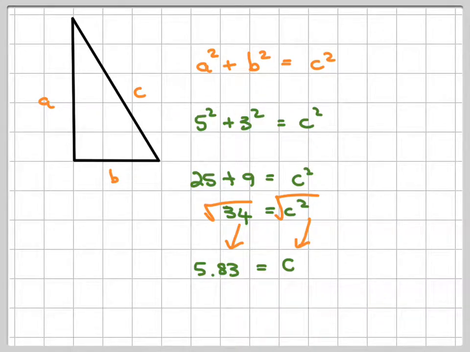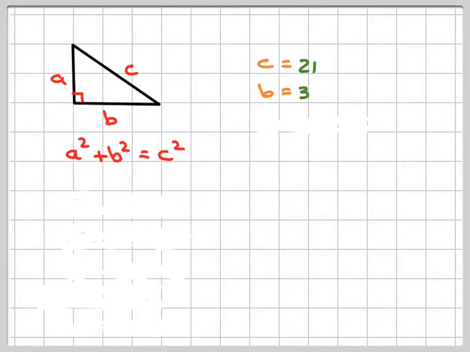Now what happens if you get one of the sides, you've got C and you've got B in this case. They've given us C and they've given us B, but we don't have A. So we are actually going to make A the subject of the formula simply by using a bit of algebra. We know C is 21 and B is 3, but we don't have anything for A. So let's go work out A by making it the subject of the formula.